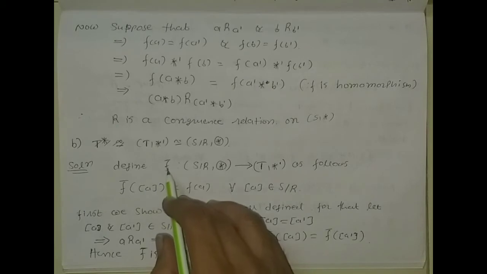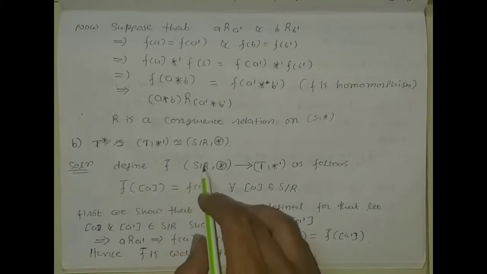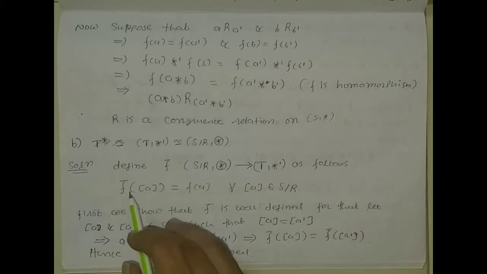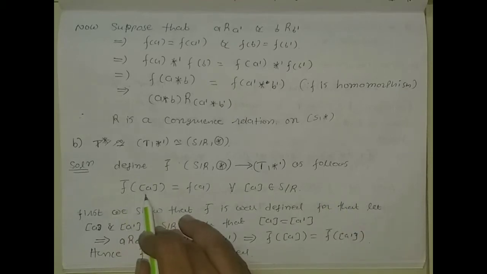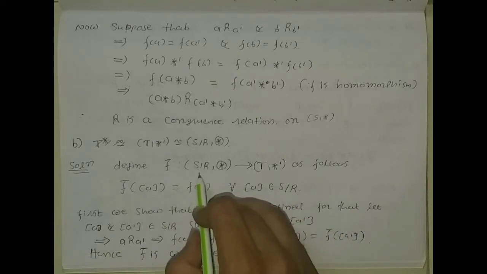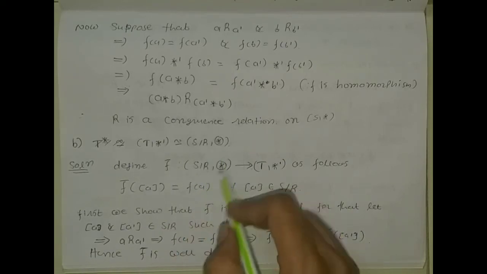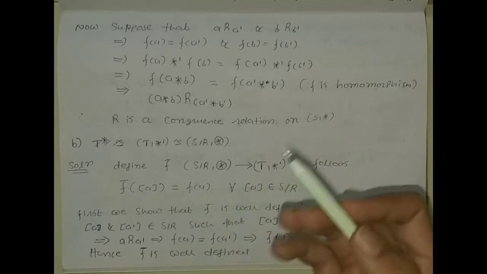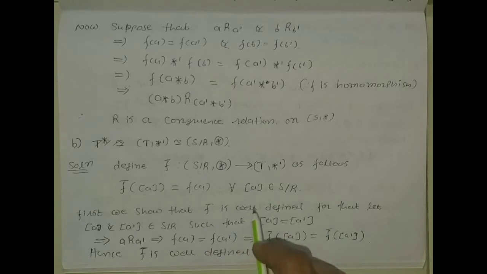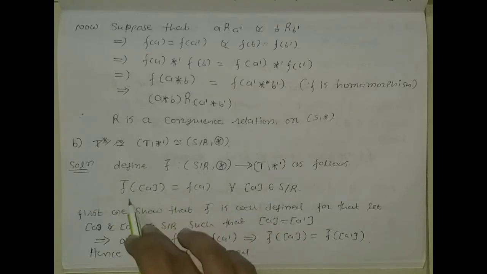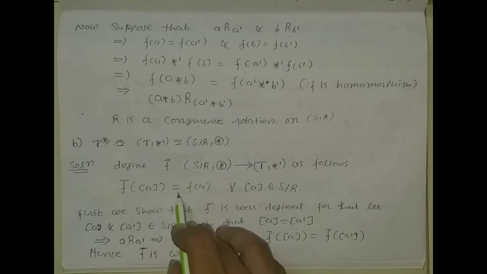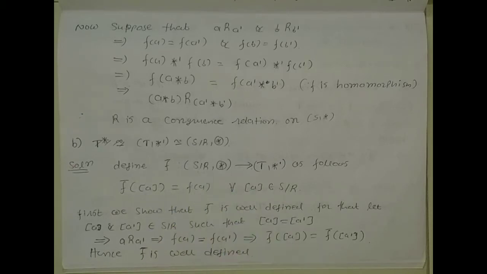Let us define the map F bar from S quotient R to T star dash as follows: F bar of the equivalence class of A is equal to F of A, because the elements of S quotient R are the set of all equivalence classes of elements of S. So we consider the equivalence class of A, and when we apply F bar on this element, we get F of A.